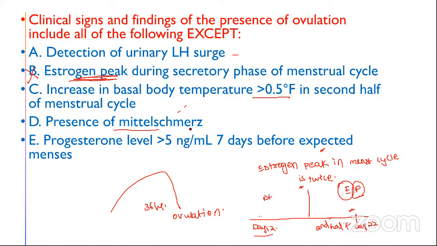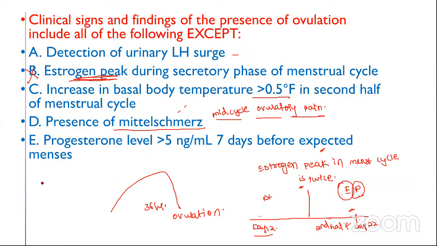What is mittelschmerz? Mittelschmerz is the mid-cycle ovulatory pain. Due to the ovulation, you're having the pain in the mid-cycle, and that is called mittelschmerz.